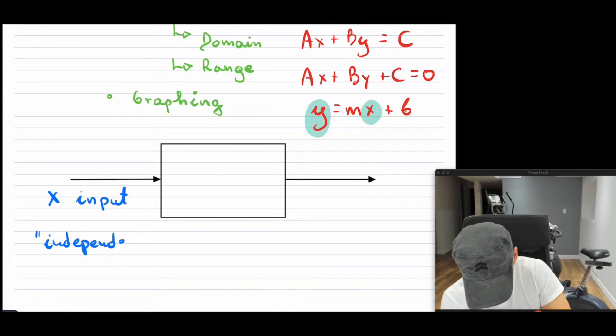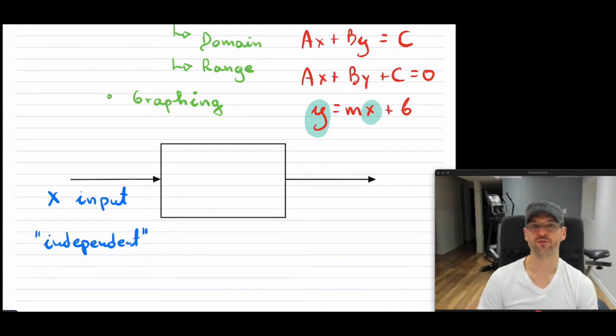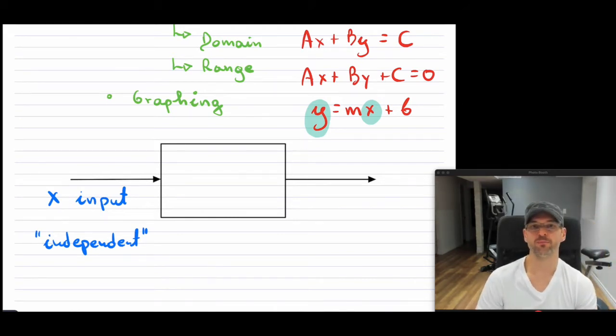We do not have control over this. So for example, time. We may not have control over time, but there are many other independent variables that you can run into. Independent variables are a topic in grade 9. I'll try to put a link up above if you need a little bit more, but hopefully you will grasp the concept from this video as well.